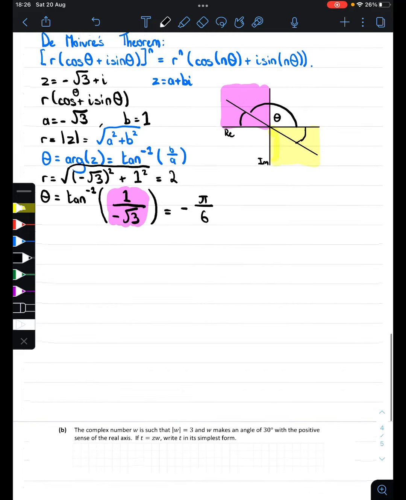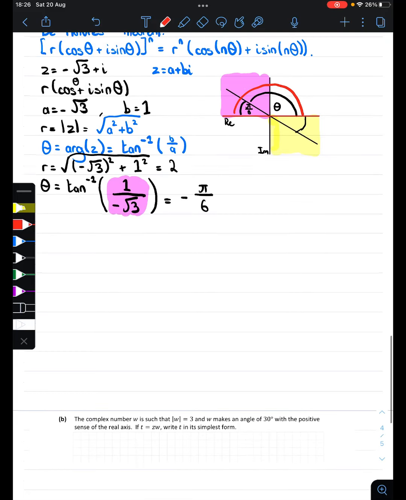And so if this angle is pi over 6, and the whole thing, the angle of a straight line, is pi, then our theta equals pi minus pi over 6.